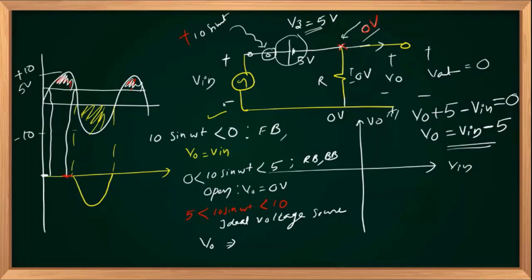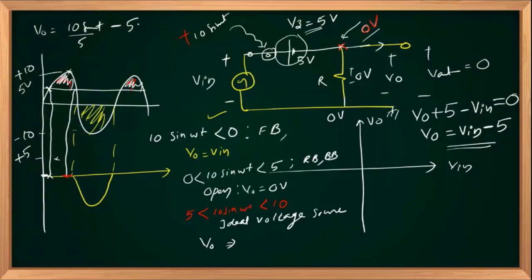So you're subtracting 5 volts from 10 sin omega t, right? So V out is nothing but 10 sin omega t, your input, minus 5. If the instantaneous value is 5, you are subtracting 5 from 5, you'll get a 0. If you are concentrating on the peak, the instantaneous value is plus 10, minus 5, you will get a positive 5 peak for the output.